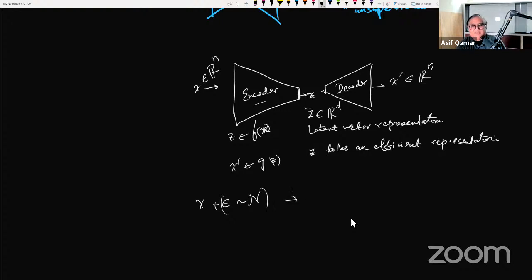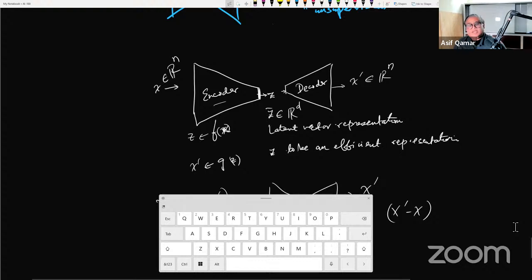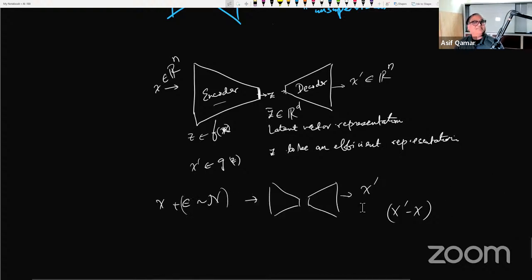You add that and then you send it into the autoencoder. But when it produces X prime, compare the X prime to the original, not to the input. So you basically say, I introduce the noise, but go learn what the original picture must have been, which you have never seen. Isn't that magical that you can force it to do that, right?